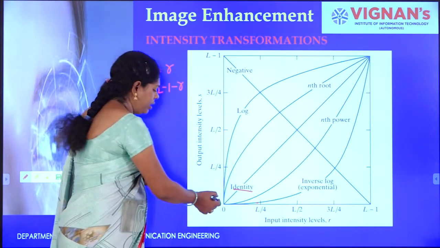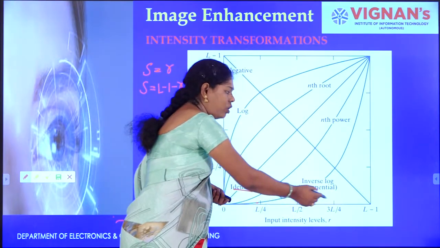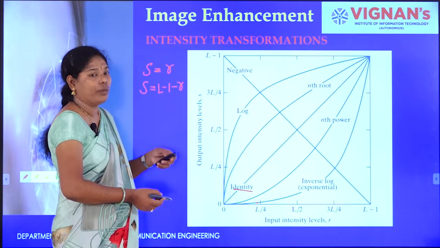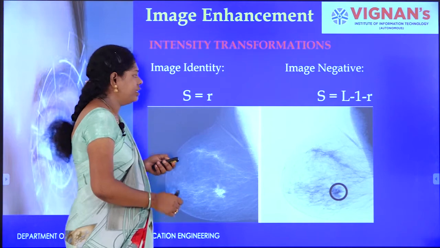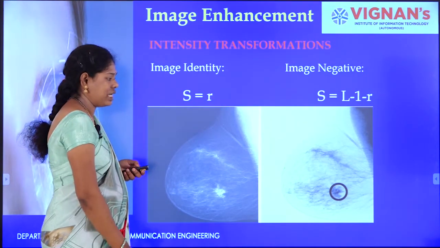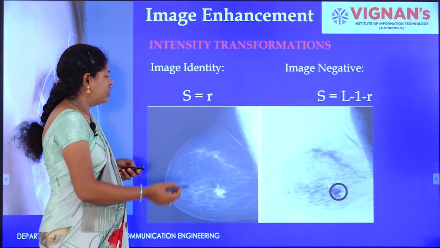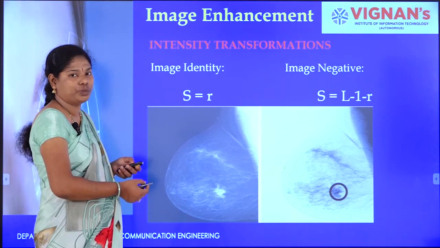Just see here, if the brighter or gray level values are dominated by the dark regions, then we go for the image negative transformation. Here this is a digital mammogram image affected by a tumor.